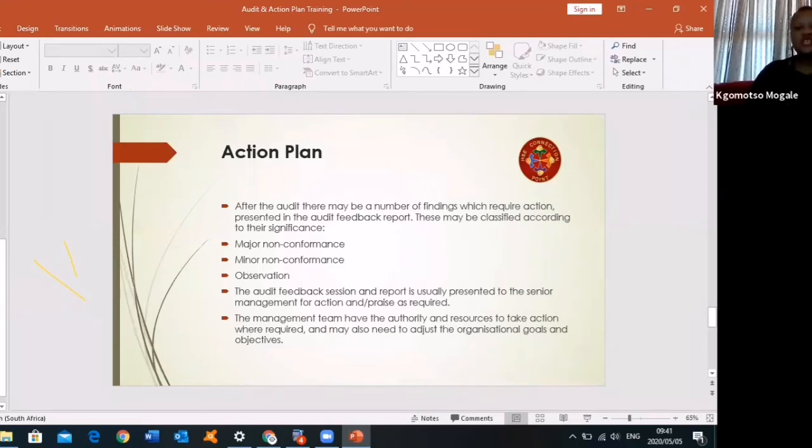So when the auditor gives us feedback, it is not only going to be bad things, guys. In some areas they will give praise where it's due, because not everything in the company is not working. Some of the things might be working, some might not be working. So where praise is due, they will give praise, and where we need to take action, they will tell us we need to take action.